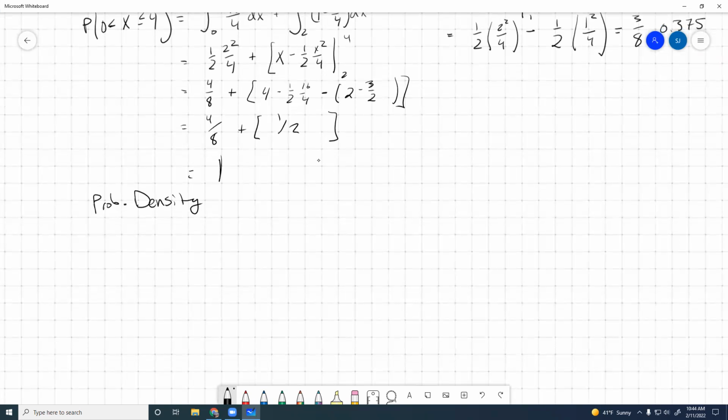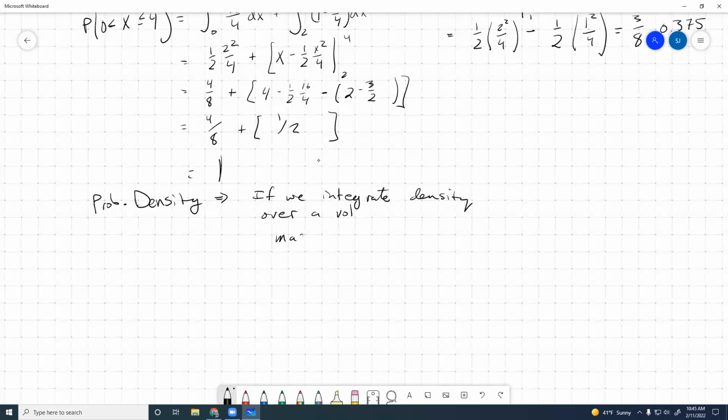With probability density, if we integrate density over a volume, we take density, which is mass over volume, and if we integrate that over some volume, what do we end up with?